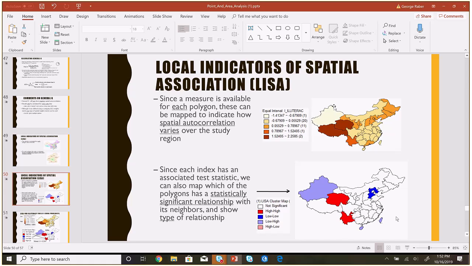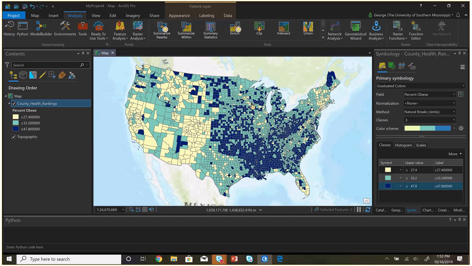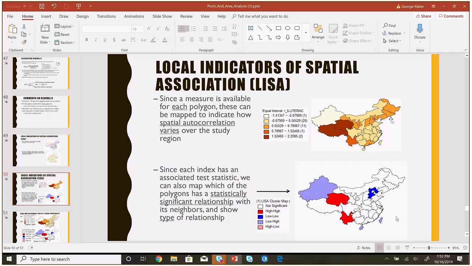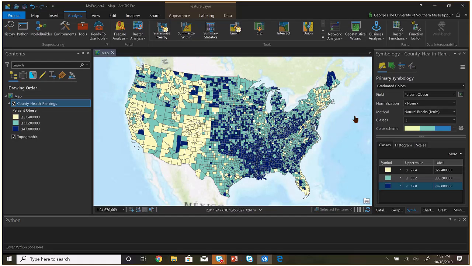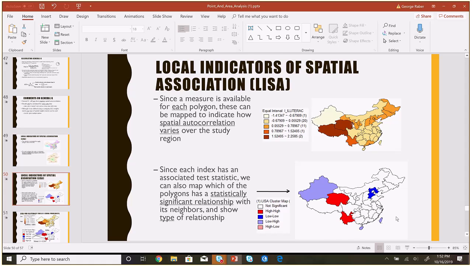Here is literacy in China. Each polygon is mapped. This is the percent obese in the United States. Same type of map, just different colors.